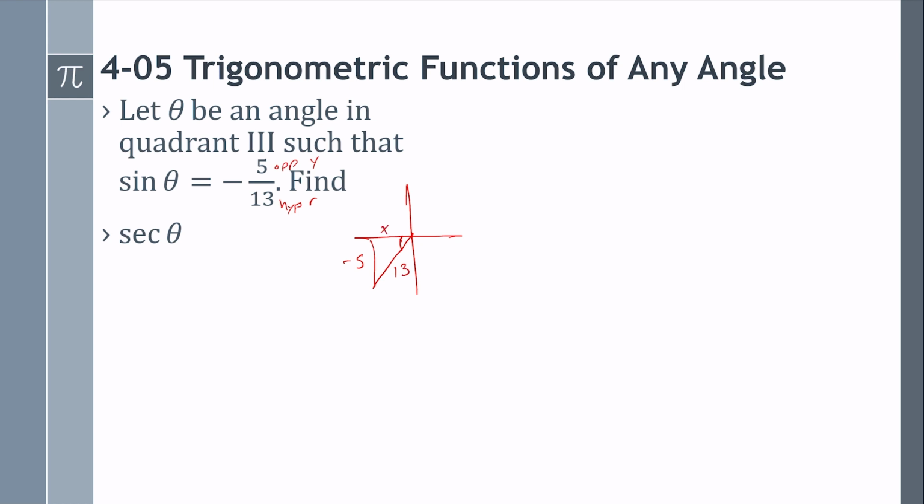Well, we can use our Pythagorean theorem to find the x. And when we take our square root, don't forget the plus and minus. And so we have to decide, should this be a positive 12 or a negative 12? Well, we're heading towards the left, so it's negative.